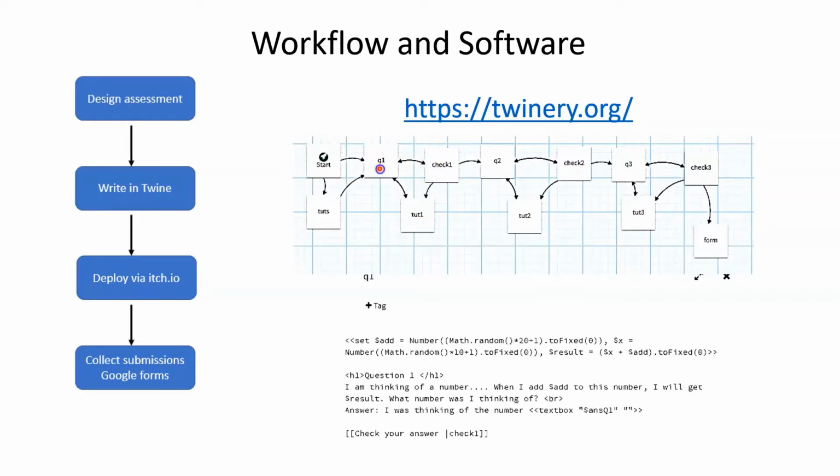They can go back, or the program will send them back if the answer was incorrect, and so on and so forth. So important is that this assessment is not linear, it is branched, but eventually it will all end and terminate in the final submission, the Google Form that I showed.